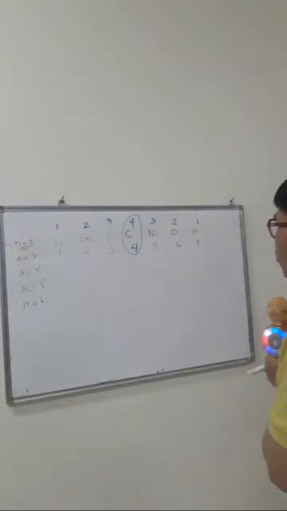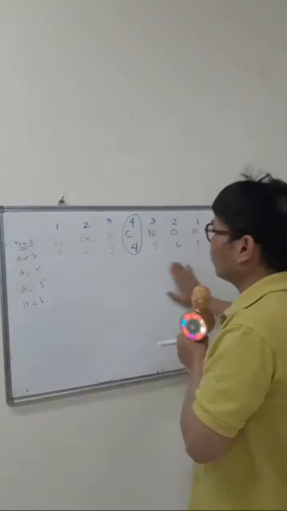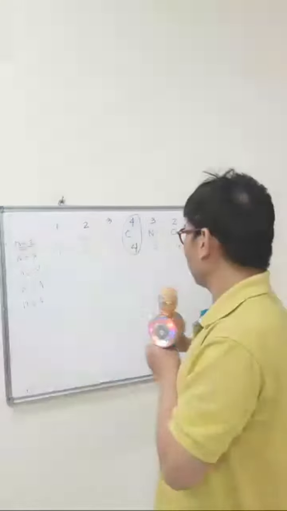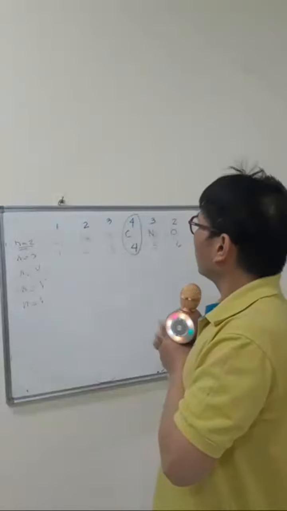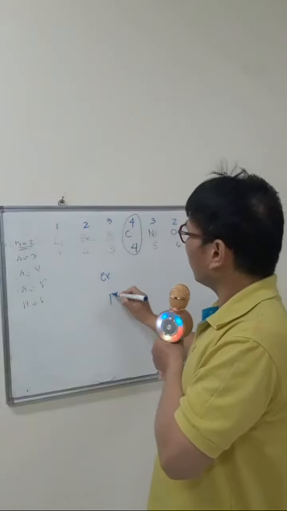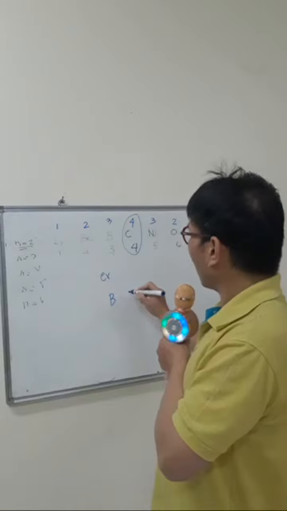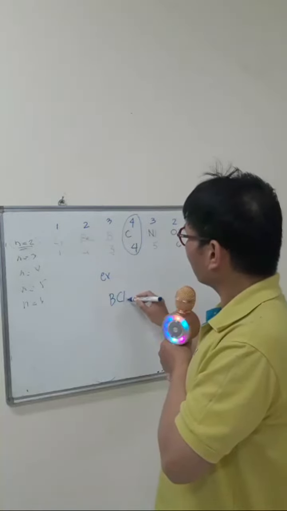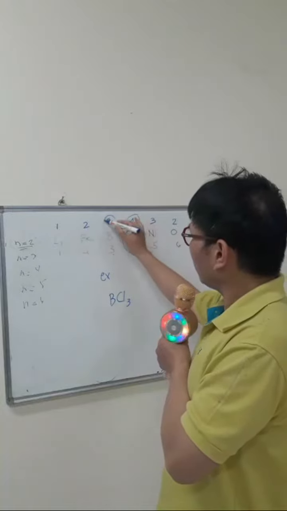Okay? So, for example, for boron, boron first. We react this to non-metal, right? So, it's gonna be boron trichloride, BCl3, example only, guys. Now, it needs only 3 bonds.